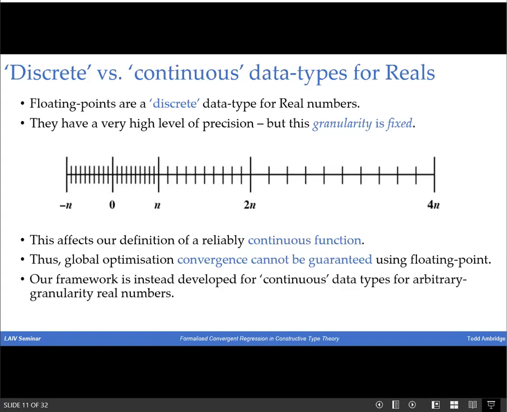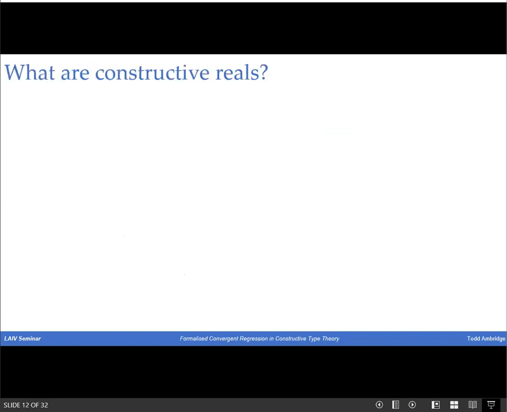So our framework is instead developed for what we would like to refer to as continuous data types for arbitrary granularity real numbers. They give us a kind of dynamic granularity of the real line, where we can keep subdividing areas or look at certain areas, zoom in, zoom out. So what do we mean by constructive reals?